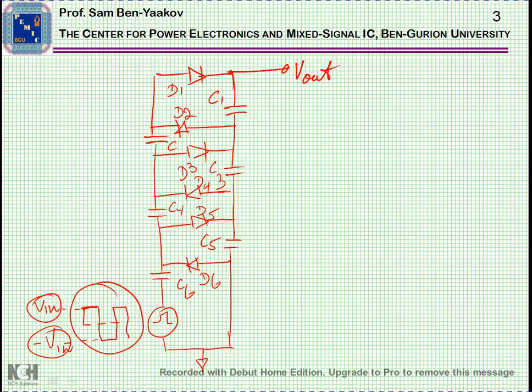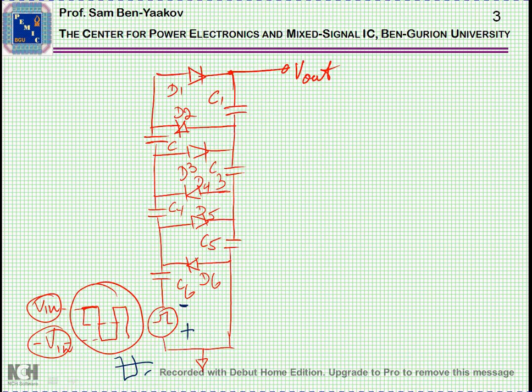Let me start off with a negative voltage. That is, V in now here is negative. That is, the polarity is like this.